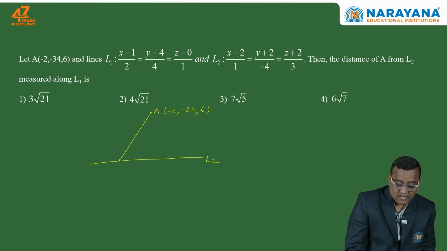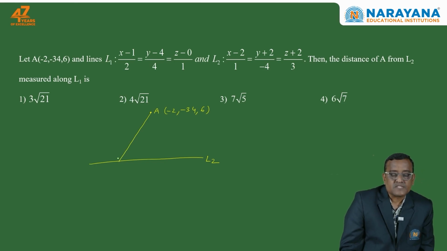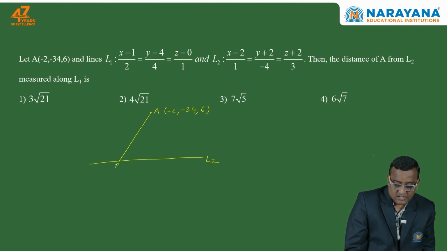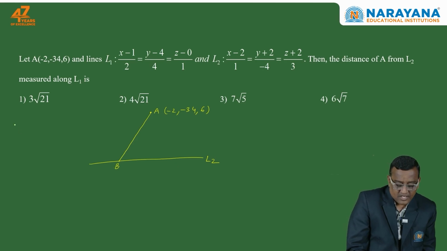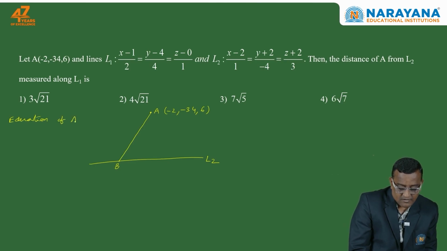This is measured along L1. That means the line joining AB is parallel to L1. That's why the drs of AB are the same as the drs of L1. So now, the equation of AB.